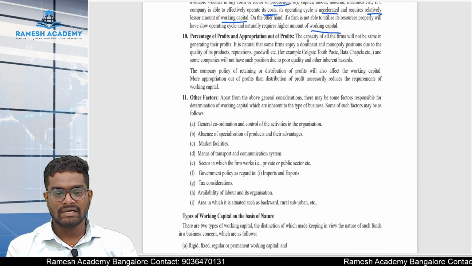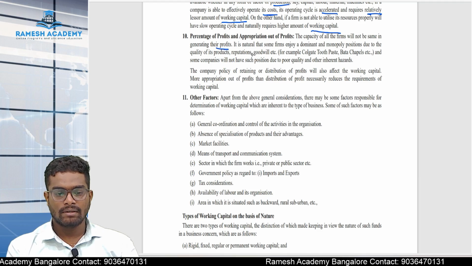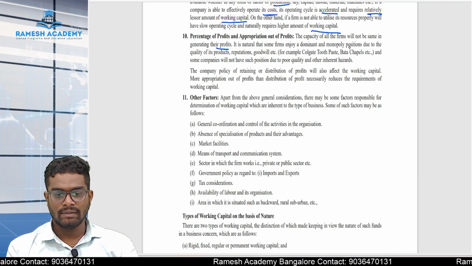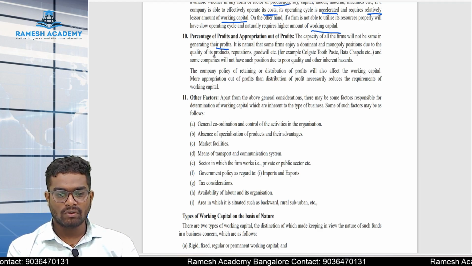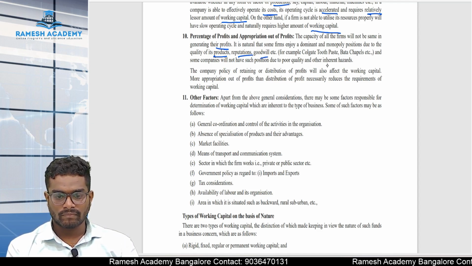Percentage of profits and appropriation out of profits. The capacity of all firms will not be the same in generating profits. It is natural that some firms enjoy a dominant and monopoly position due to the quality of their product, reputation, and goodwill, for example Colgate toothpaste, Bata chappals.